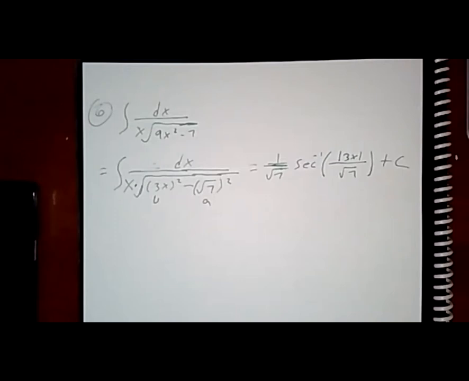Looks like either A or D. They went one step further. They rationalized the square root. You see that? Because we don't like square roots on the bottom. That's the only difference.